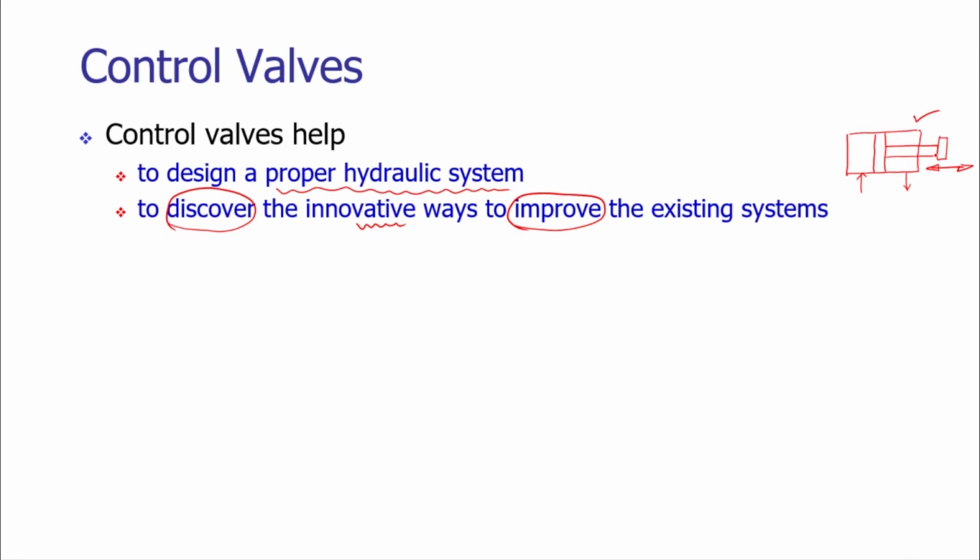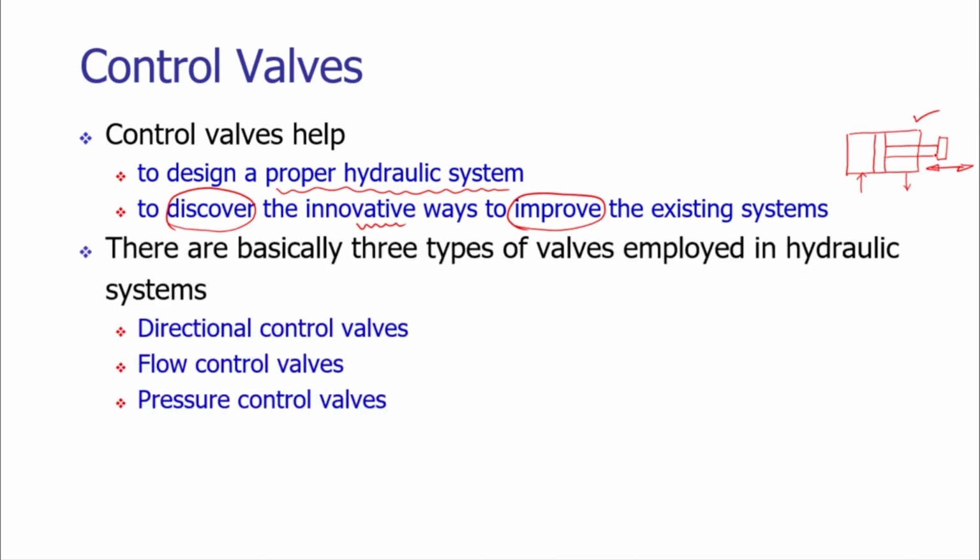So instead of having a simple two-way valve, if we have the proportional control valve to apply the force gradually, the same system can be utilized as a gradual force application system. So the control valves are helping to carry out such operations in hydraulic systems.